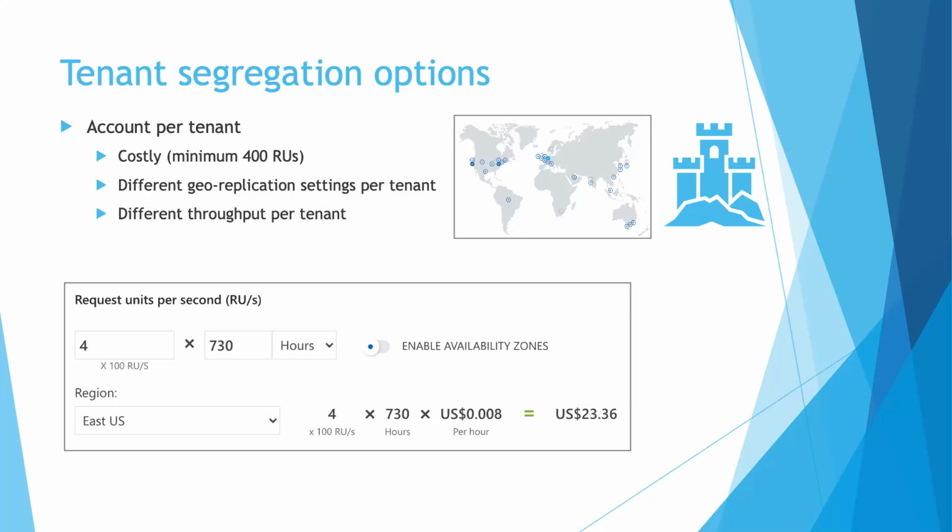So the account option allows us to set those geo-replication settings, and of course, you can have a different throughput per tenant. And this just shows you the minimum costs. This is in the East US, but one can easily go to the Azure pricing calculator and see what it costs for each region. But that would be the minimum cost.